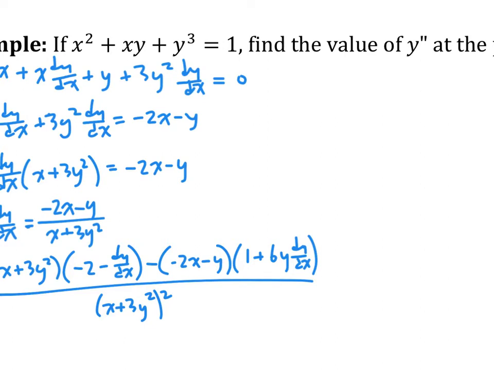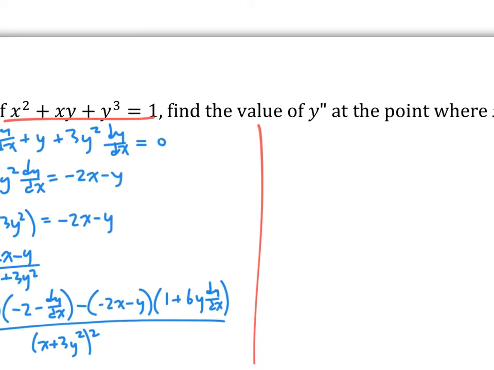I'm going to change to a different color and write it here. This is the equation. We want it at x equals 1, so we put in x equals 1 and solve for y. So 1 squared is 1, plus 1 times y is y, plus y cubed is 1. So that 1 cancels. I'm going to put this in the correct order of polynomial: y cubed plus y equals 0.